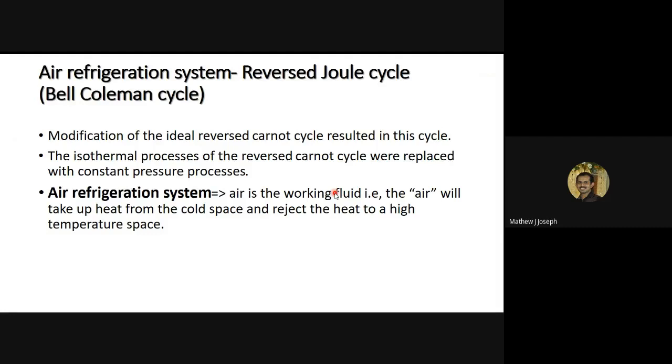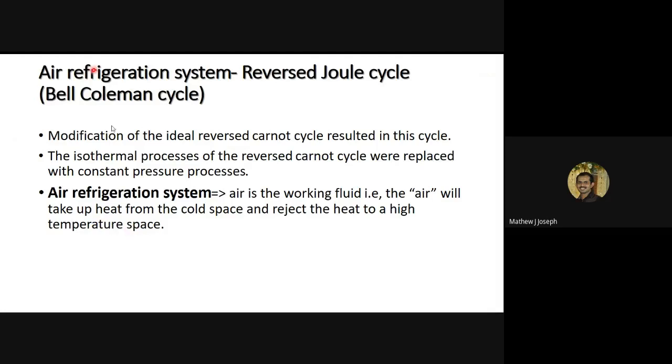The atmospheric air is considered as the working fluid which carries out all the work in the refrigerator. That is, the air will be taking up heat from the cold space, for example, the freezer compartment of our household refrigerator, and it will be rejecting the heat to the surroundings, which is at a higher temperature.